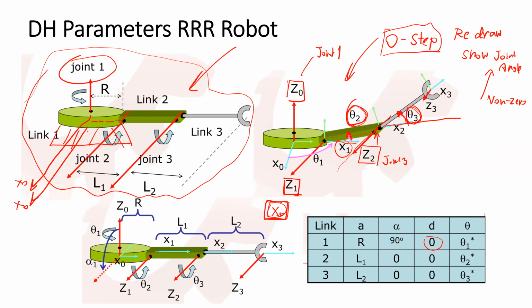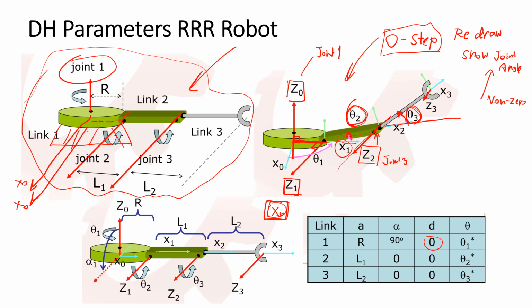The mutual perpendicular between Z0 and Z1 is the radial direction here.